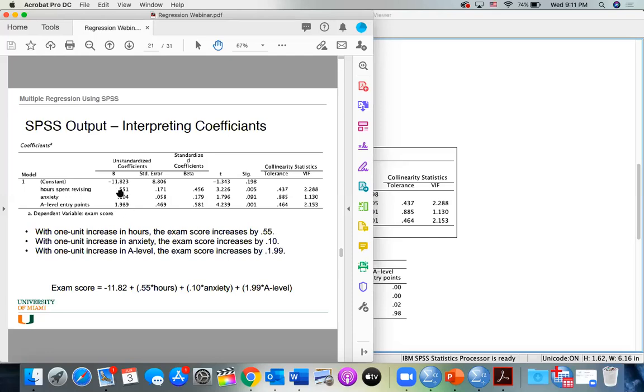So the coefficient is kind of the weight in this equation, and so on for other variables. Is it clear before moving to the plots?